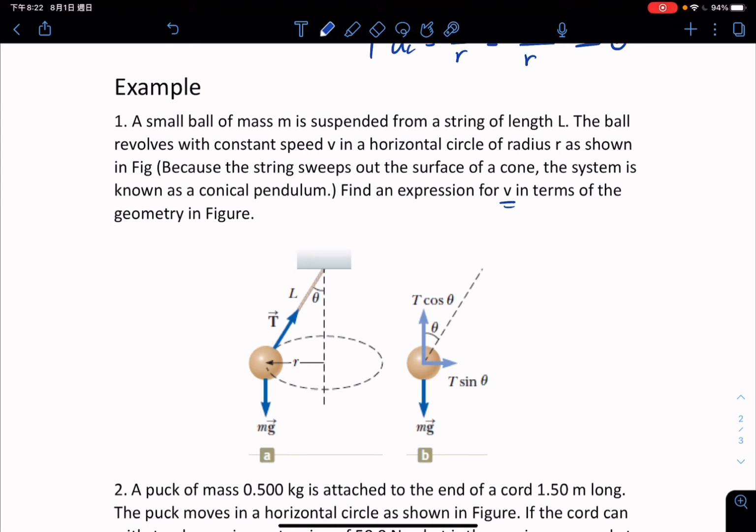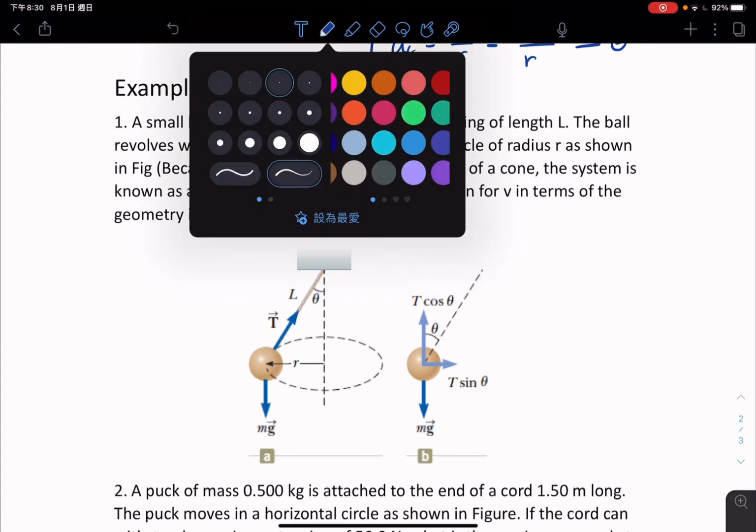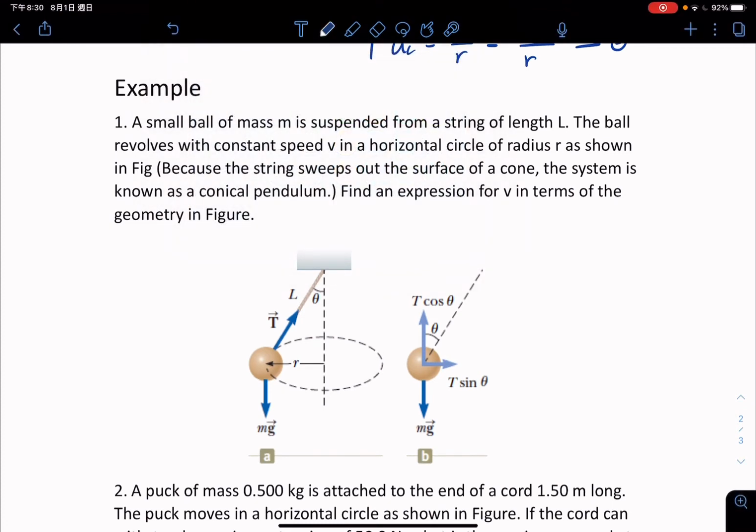In this example, we must think about which formula contains the term v, because we want to get the magnitude of v. So we must think of the formula of centripetal acceleration equal to v squared over r.